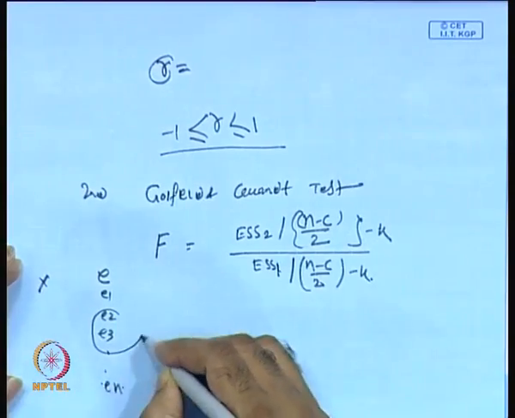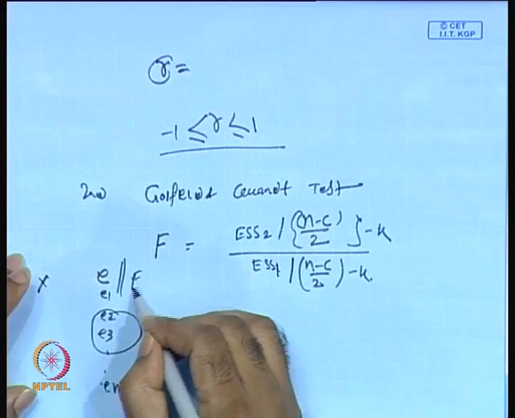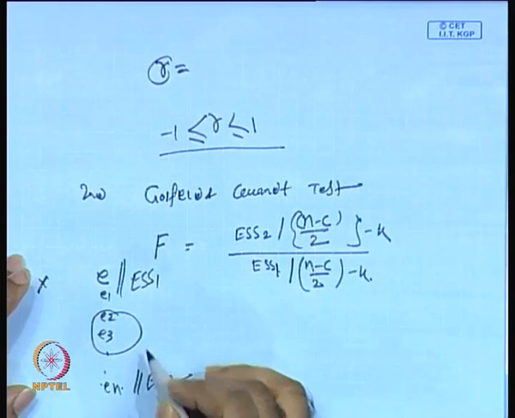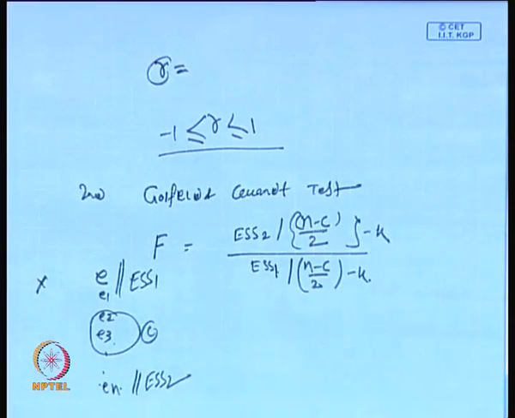Then you divide the entire structure into two equal parts, and accordingly you club them like this. You remove this particular point, then you find out ESS1 and you find out ESS2. Then accordingly you find out the F statistic.